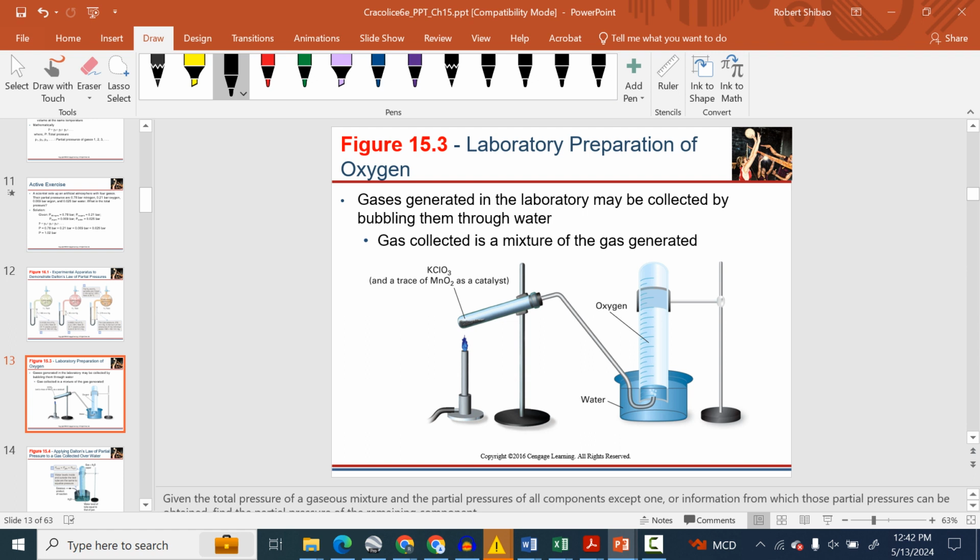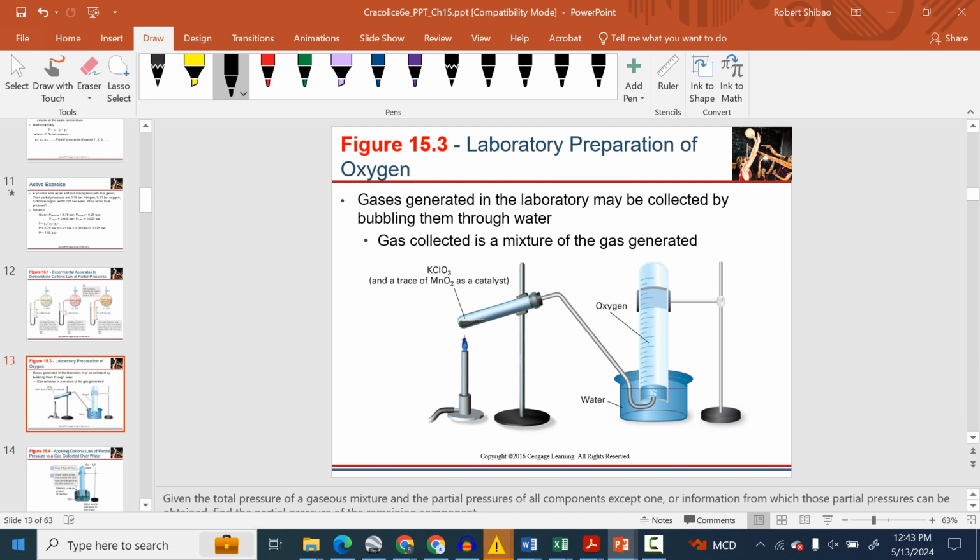And so the pressure that we generate inside the container isn't all due to oxygen. The pressure we generate inside the container, the total pressure, is equal to oxygen plus the pressure of the water vapor. There's going to be humidity in here, water vapor. And so this is one of the biggest applications, collecting gases over water.